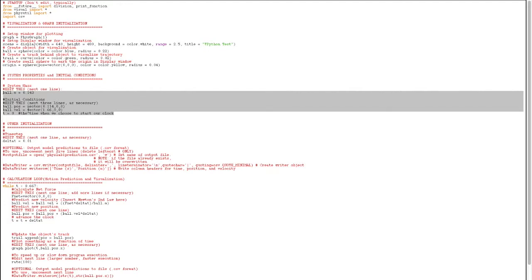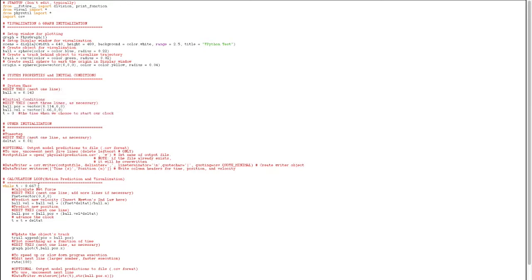Here is the ball's predicted initial velocity. We found that using the first 2 points of our tracker video. It is 1.66 meters per second in the positive x direction. Also, it began at time 0, and it goes until time less than 0.667 seconds.